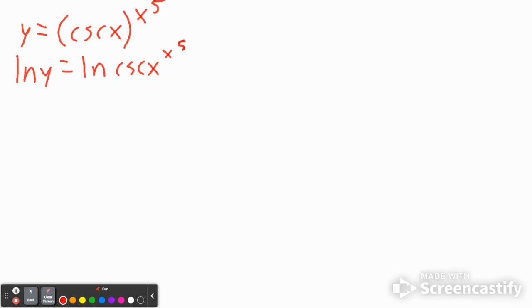Make sure I put these parentheses in the right place. It wouldn't be the cosecant of the x to the x to the fifth. It would be cosecant x all raised to the x to the fifth. So these should be the correct parentheses placements.